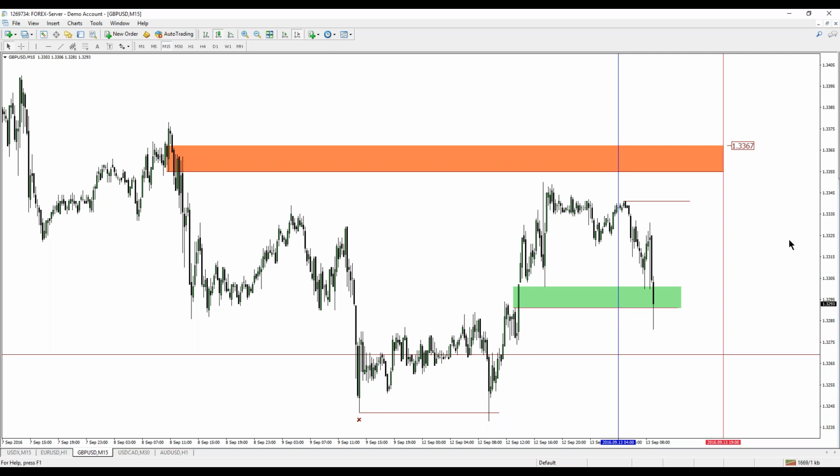Okay, so we expanded down into the bearish candle right in here. Swept it. Nice little rejection so far. So these equal lows in here and this low here was wiped out.